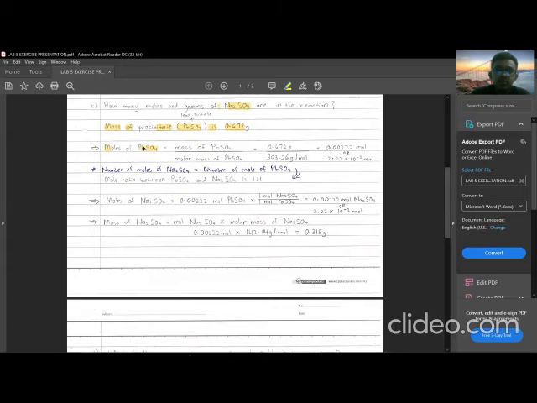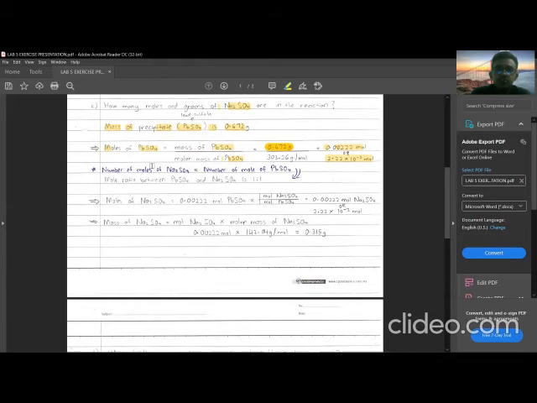To get the moles of PbSO4, lead sulfate, we use this formula: mass of PbSO4, which is given in the question, over the molar mass of PbSO4, which we can find by using the periodic table. The molar mass of lead sulfate is 303.26 gram per mole. So we will get 0.0022 mole, or 2.22 times 10 to the power negative 3.